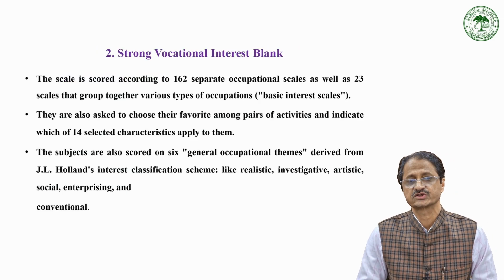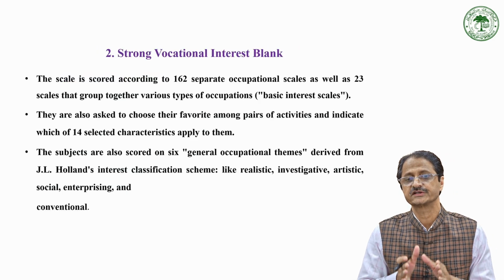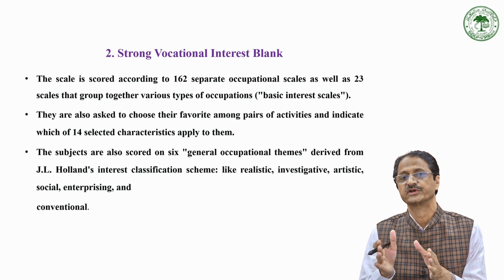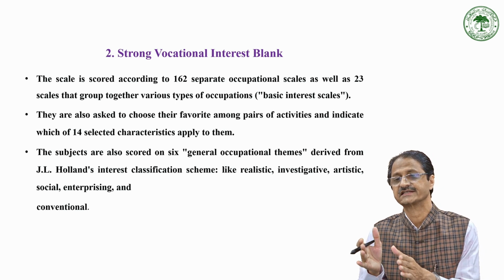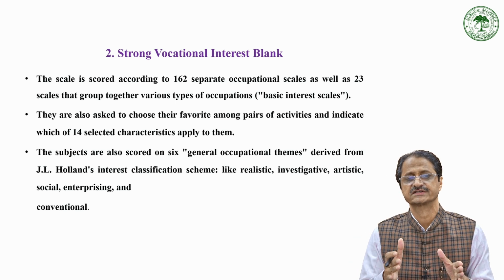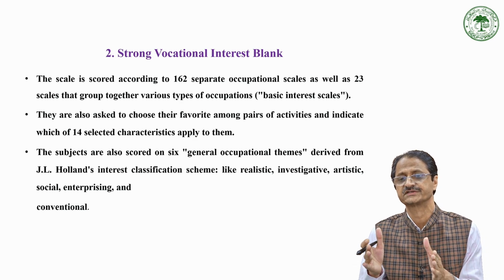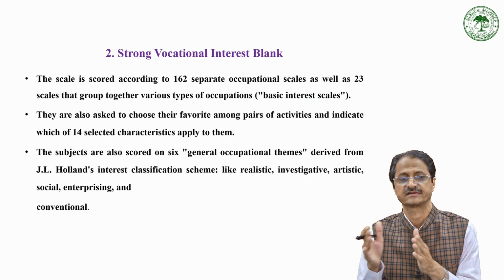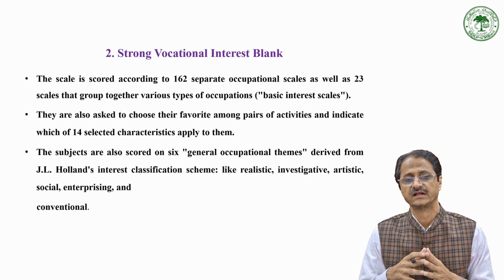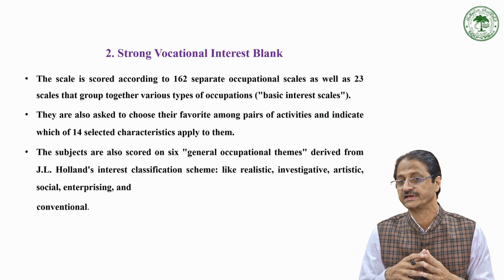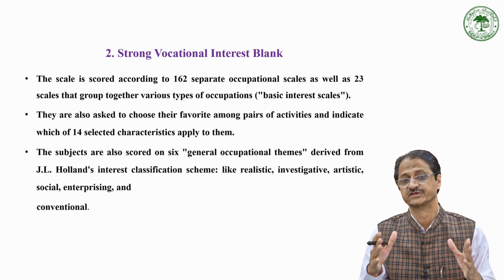The scale is scored according to 162 separate occupational scales as well as 23 scales that group together various types of occupations, the so-called basic interest scales. They are also asked to choose their favorite among pairs of activities and indicate which of 14 selected characteristics apply to them.